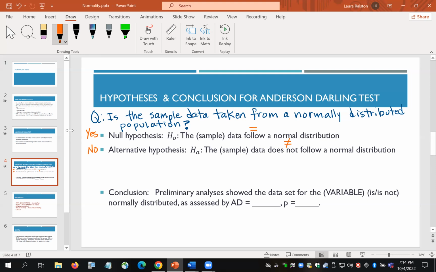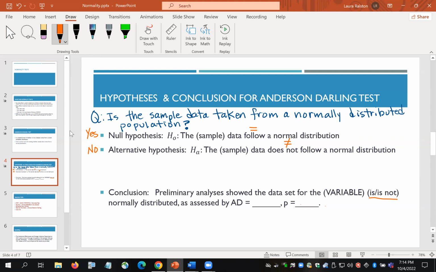The conclusion then is we say preliminary analysis, because we were probably going to go a little bit further. Preliminary analysis showed the data set for whatever the variable is, and you have to choose is or is not normally distributed, as assessed by AD, which stands for Anderson-Darling, and with a p-value equal to this.